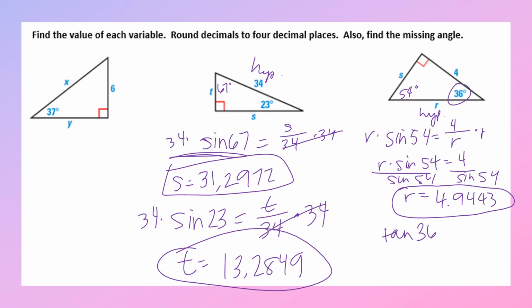Tangent of 36, opposite of 36 is S. The adjacent is 4. So multiply both sides by 4. 4 times the tangent of 36 is 2.9062. And that is what S equals.